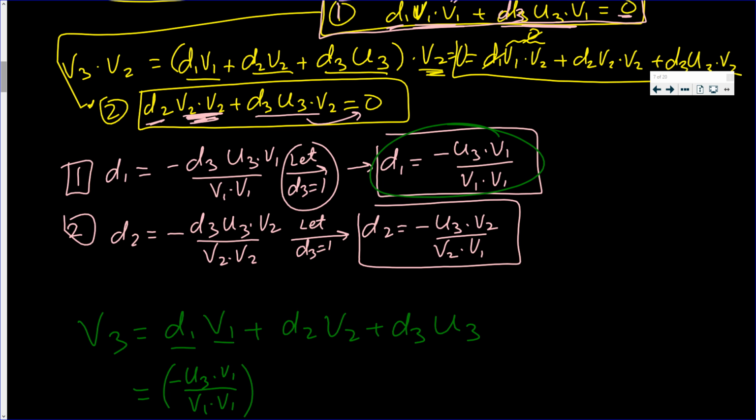That's D1 times vector V1 plus D2. Don't need the plus because D2 happens to be minus. Plus or minus is minus.